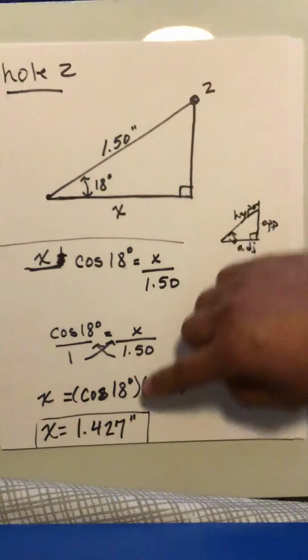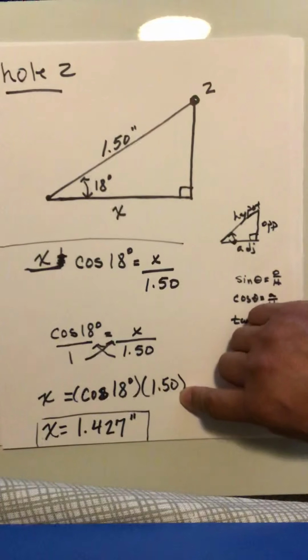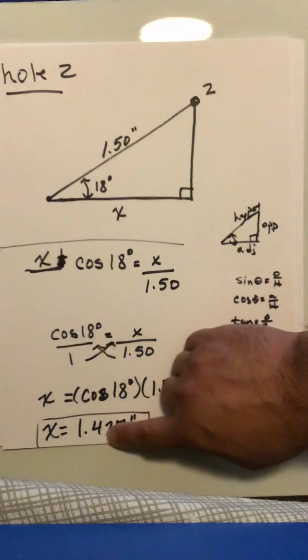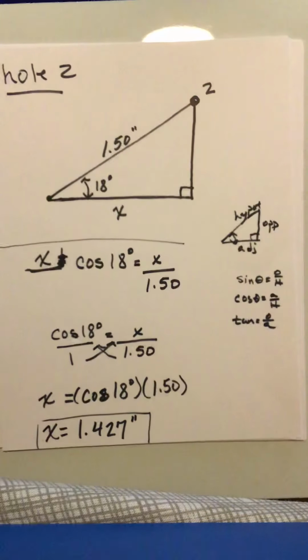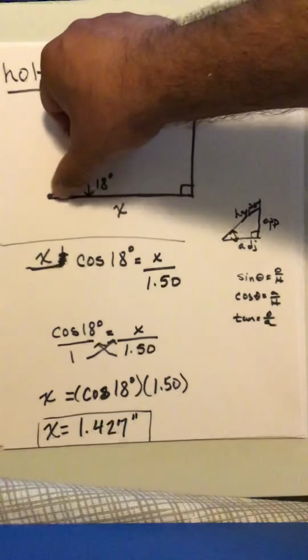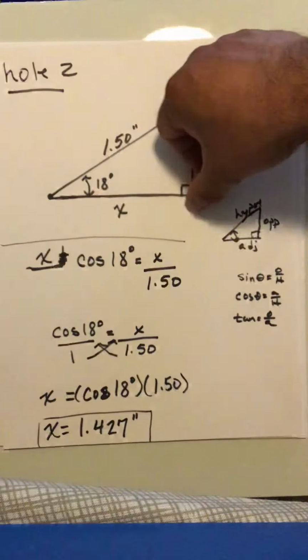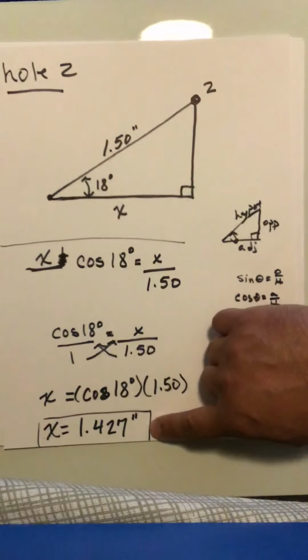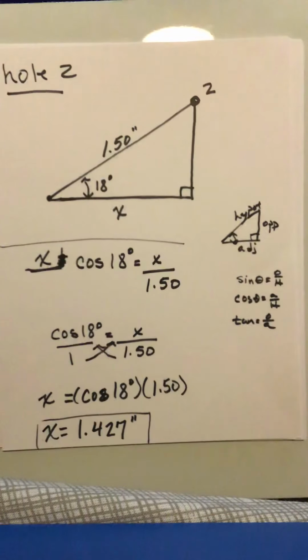See what that gives me? And I'm going to multiply it by 1.5. And when I do that, I get a measurement of 1.427. I go by the third decimal, or thousandths place. So that's saying this measurement from the center to the outside right here will be 1.427. Continue on to the next video.